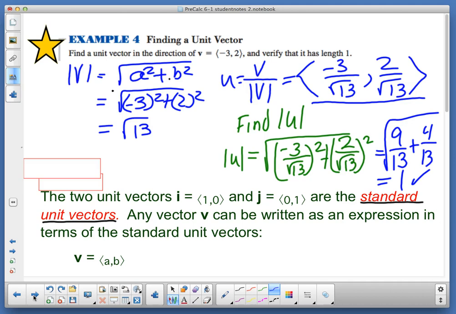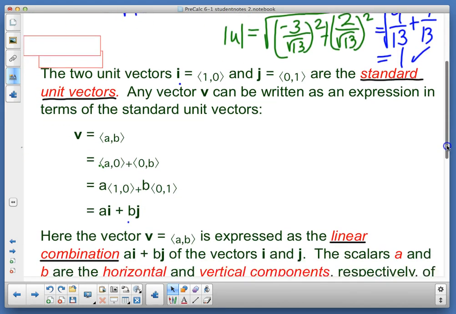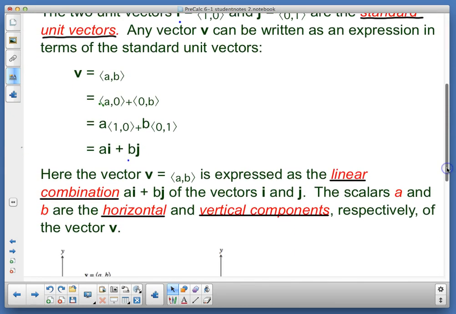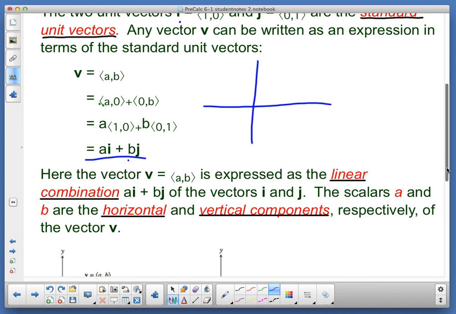Now, two unit vectors, i, which is 1, 0, and j, which is 0, 1, are the standard unit vectors. Any vector v can be written as an expression in terms of the standard unit vectors. The idea is that you have two different components of your vector: your a component and your b component, a being your x component and b being your y component.